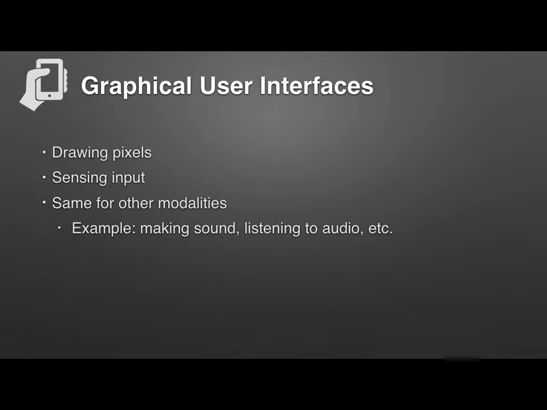And this is the same for other modalities. There's always this really low-level place you can go to, where it's literally turning things on and off, arranging pixels, manipulating things like audio buffers and pushing them through with the right timing to make things work.